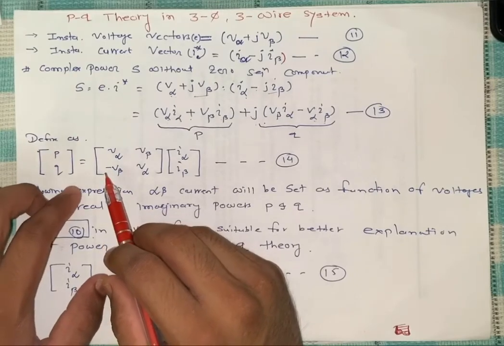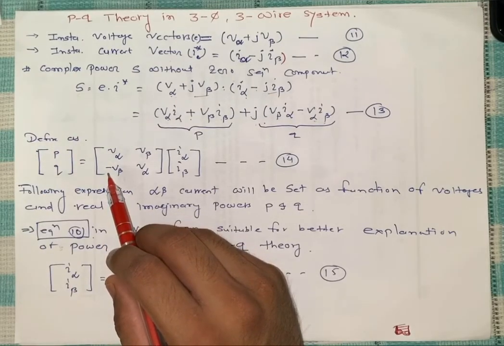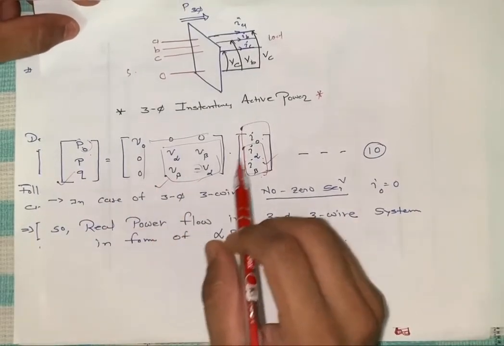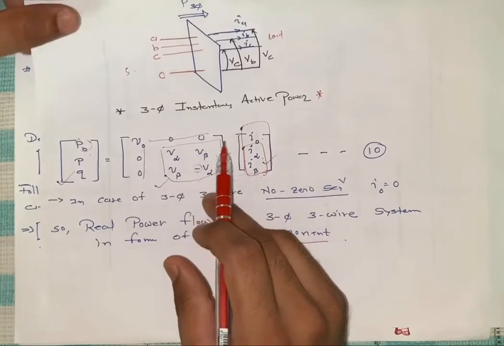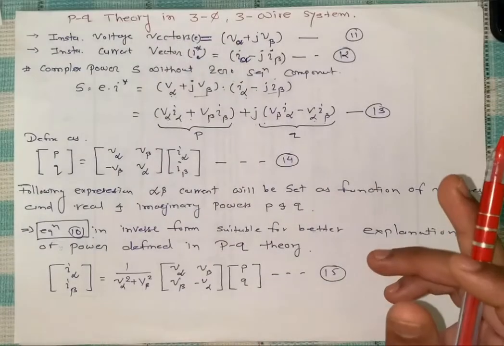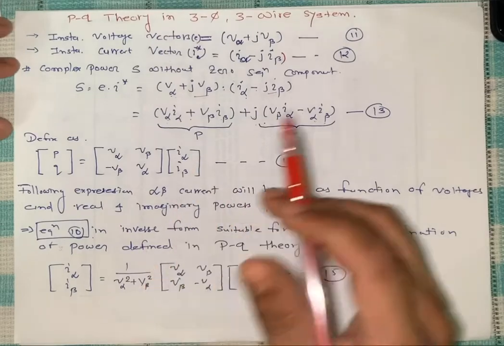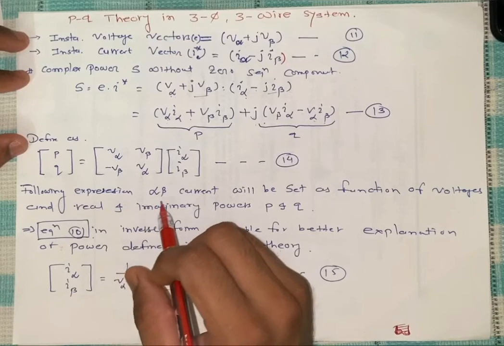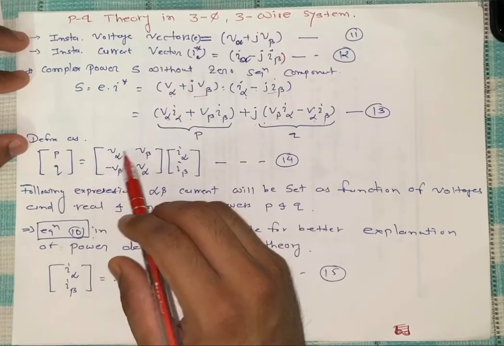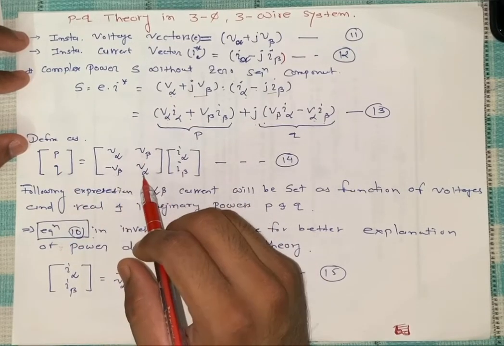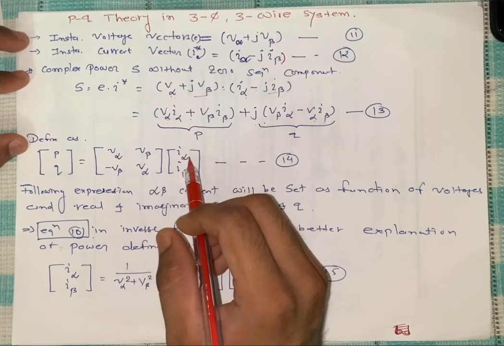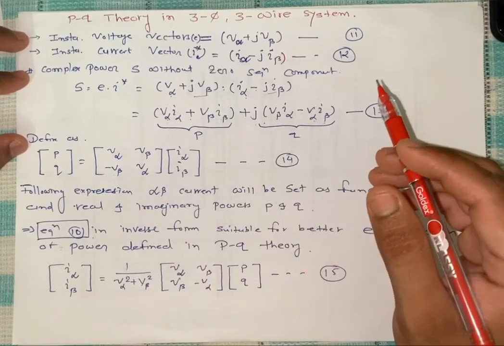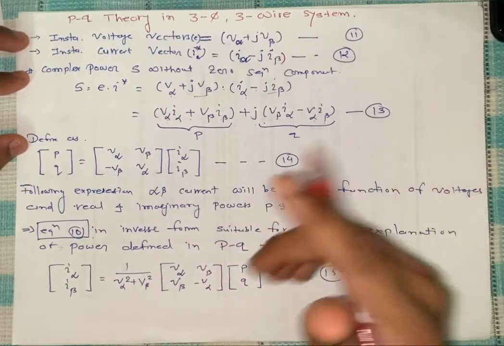As in the last topic, equation number 10 is the PQ form. How this occurs from the instantaneous voltage and instantaneous current, we discussed in the previous lecture. So the following expressions in alpha-beta give P and Q: V alpha I alpha plus V beta I beta, and minus V beta I alpha plus V alpha I beta, equation number 40. We are trying to go from ABC to alpha-beta, remember that.